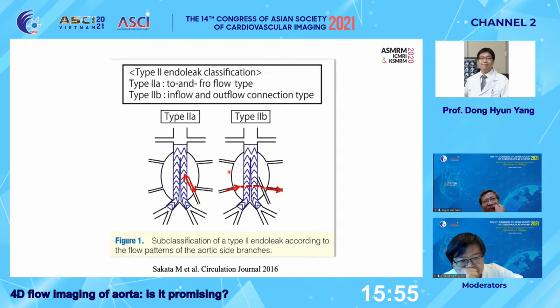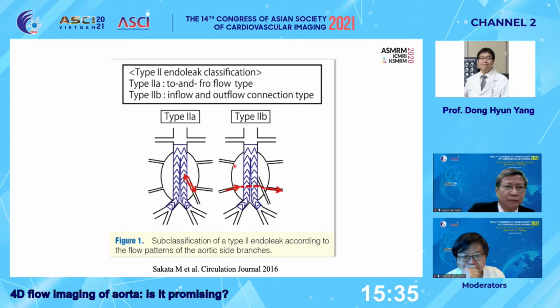Type 2 endoleak is related to aortic side branches, such as lumbar arteries or the inferior mesenteric artery. Discrimination between type 2A and type 2B is almost impossible in conventional imaging modalities such as CT angiography.